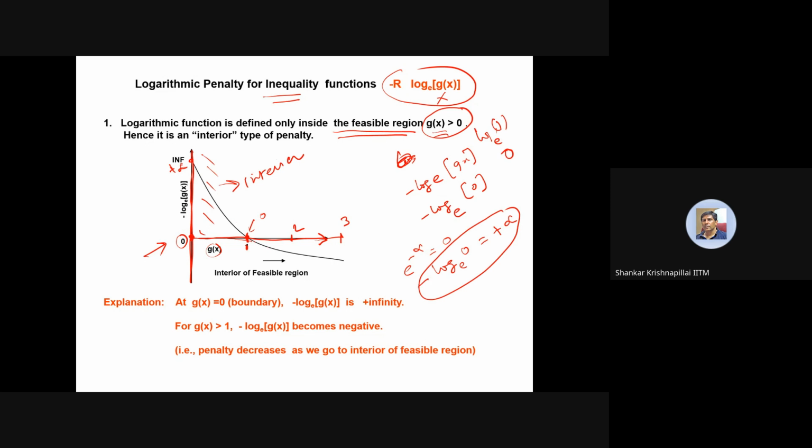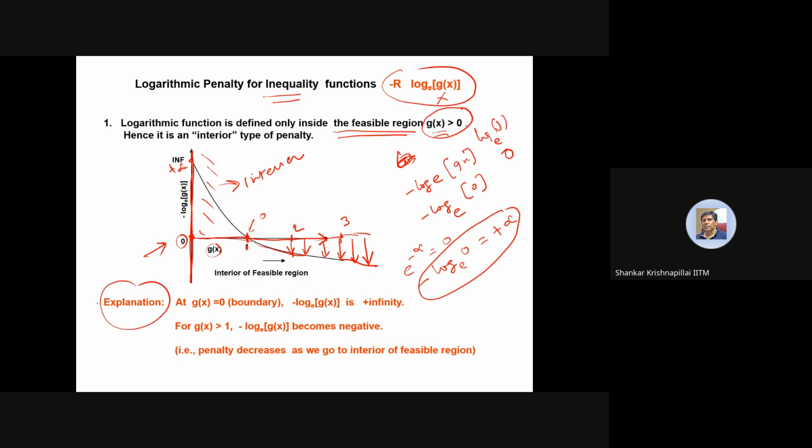And as you go in the interior, for g of x equal to 2, the penalty will steadily decrease as you go into the interior of the feasible region. That is how the logarithmic penalty for inequality constraint works.